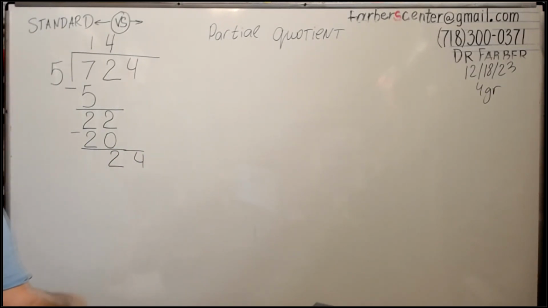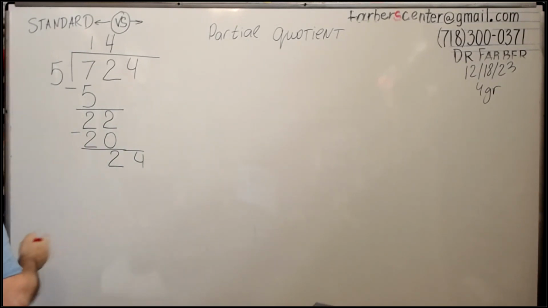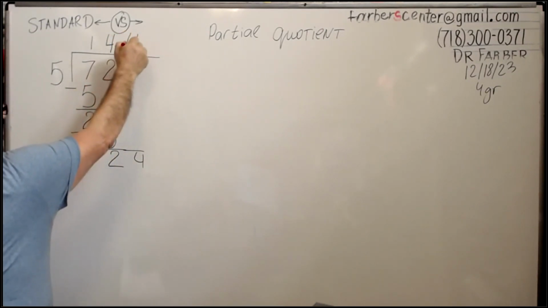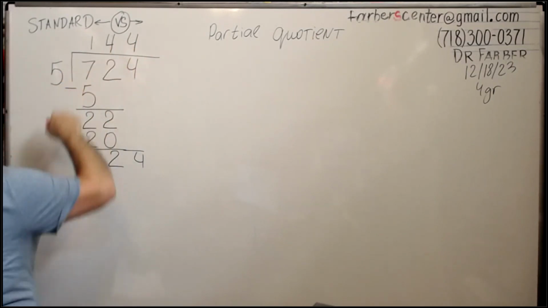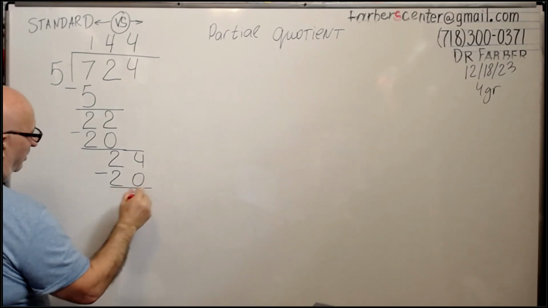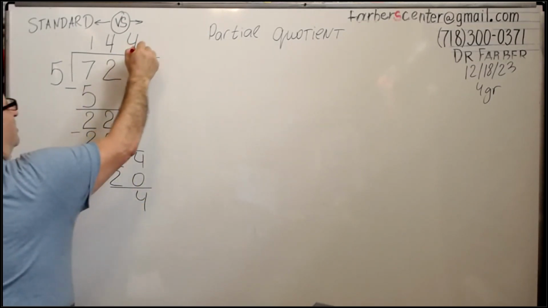You can round it to 25 and it will be 5. 5 times 5, 25, too big. Then you can round it to 20, it will be 4. 4 times 5 is 20. And this is remainder 4.